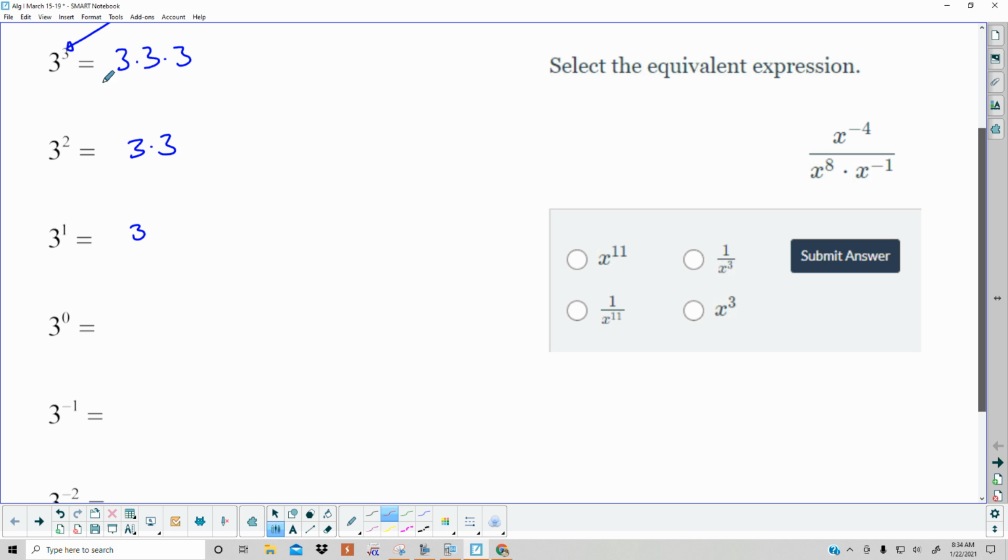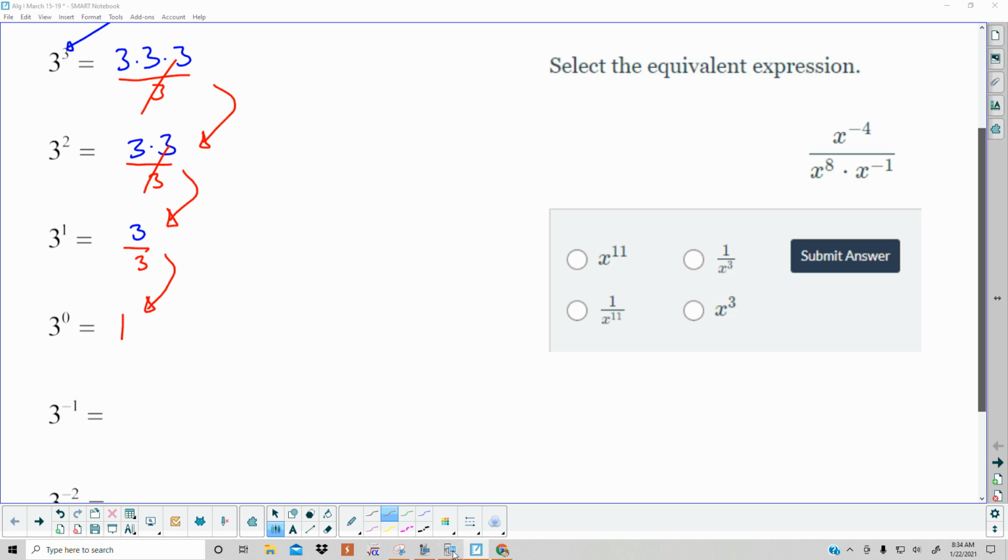Well, if you look at it this way, I'm going to go from this one to the one that's below it by dividing it by 3, and I get this one. So I'm going to divide this one by 3 to get that one, because that cancels out, that cancels out. I'm going to divide this by 3 to get this one. And what's it worth? 1.